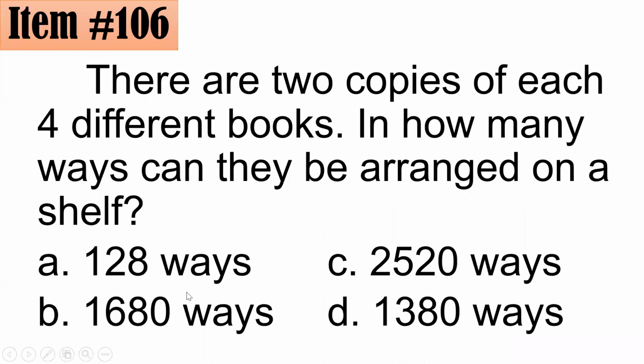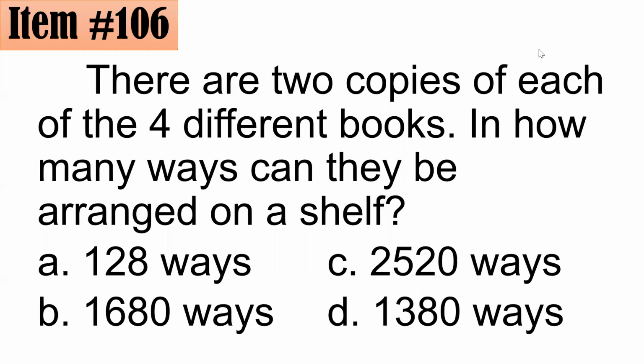Okay, 106. There are 2 copies of each of the 4 different books. In how many ways can they be arranged on a shelf? Did you go for 128, 1680, 2520, or 1380? Okay?